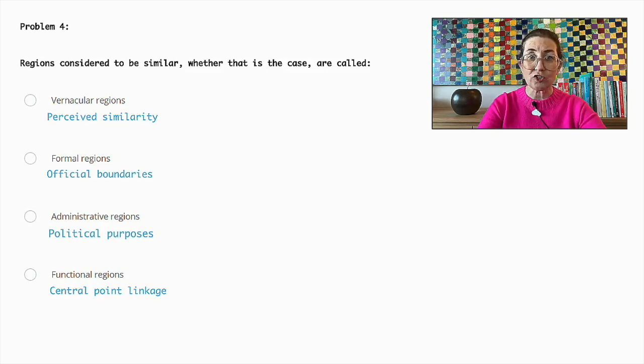Functional regions are defined by a central point and the surrounding areas linked to it, not by perceived similarity. Vernacular regions, also known as perceptual regions, are defined by people's perceptions and beliefs about the similarity of areas. Therefore, the correct answer here is vernacular regions.